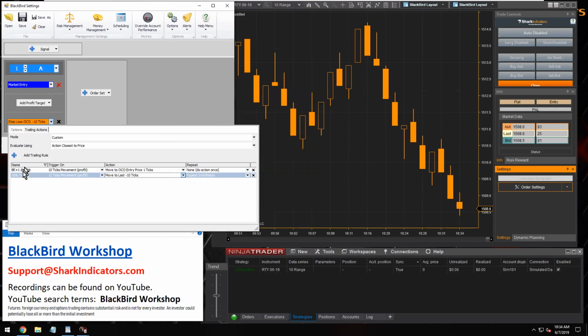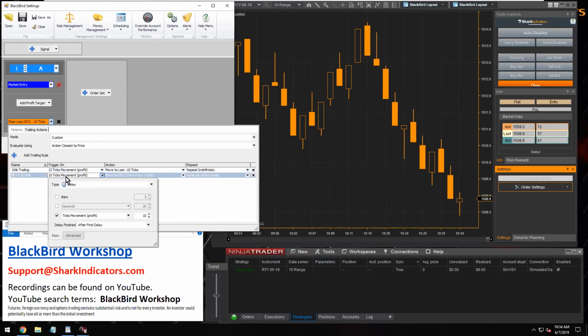So to break all these components down, the name is just a place so you can put your own name as to what this trailing rule is doing. And the trigger event is typically some kind of delay condition. The delay is used the most here for trailing rules, but you might want to wait for other conditions.